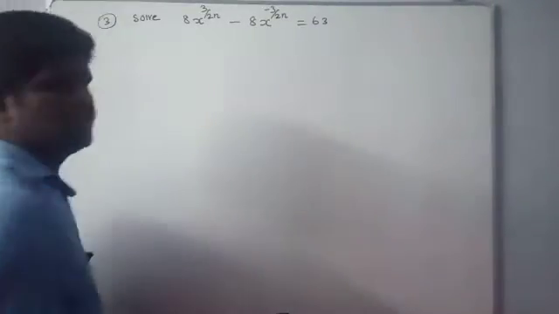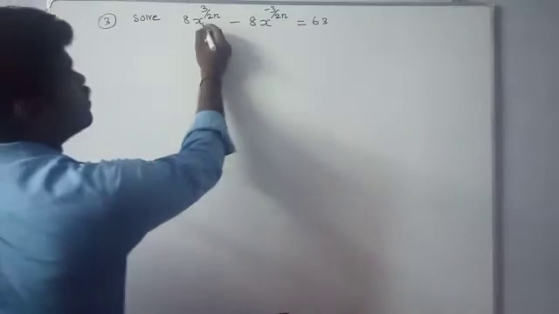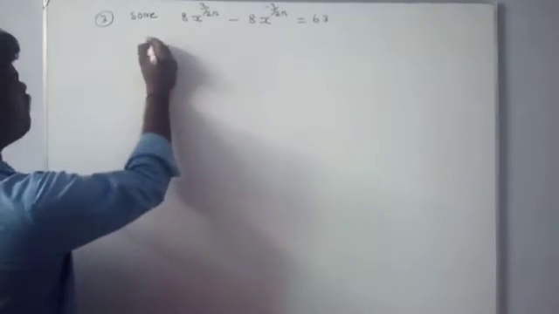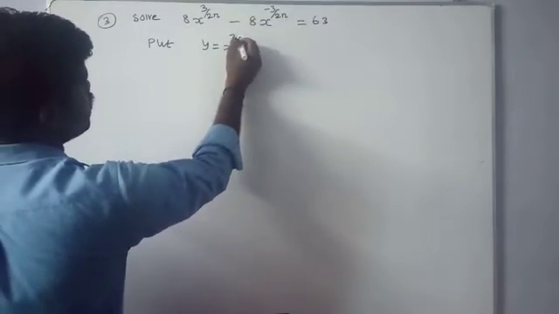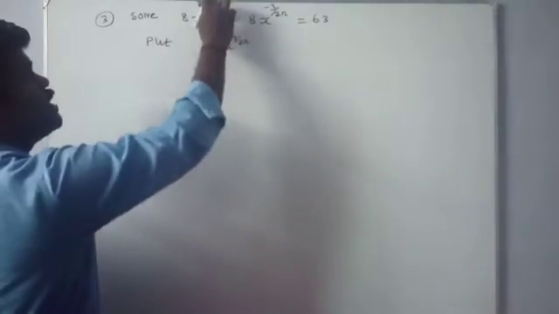So this is the non-polynomial form and we want to solve it. How to solve it? Put y is equal to x power 3 by 2n.